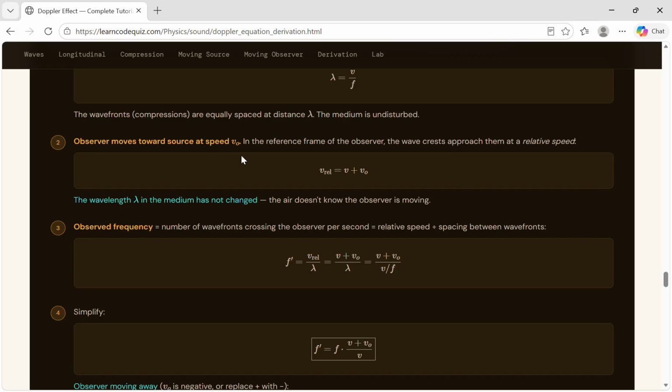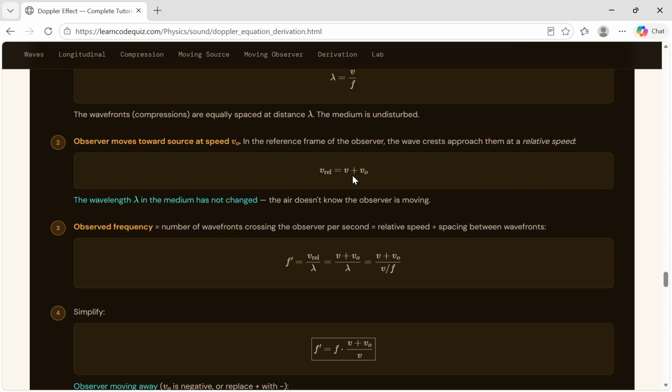That means the third problem that we are looking at. So when it is towards the source, then you add up the velocity. The relative velocity is V plus V naught. You see why you add up? Because you are chasing the cars. So the relative velocity is going to add up. You are going to see more cars per second, or the time taken to see a car will be less.